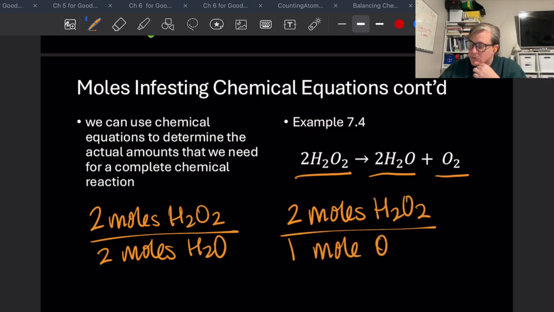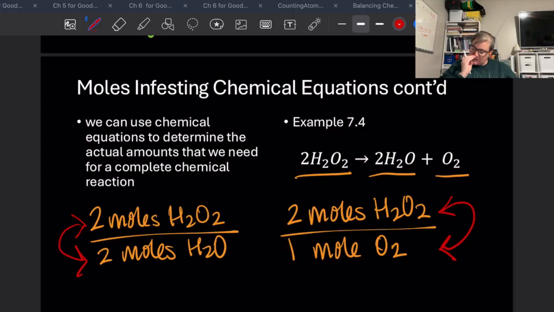You can also flip these over, switch them based on what you're given and what you're trying to find out, because this is going to be our conversion factor in the problems that we're getting ready to do.